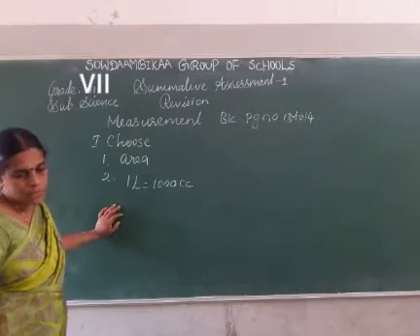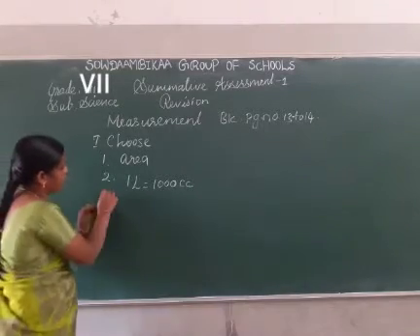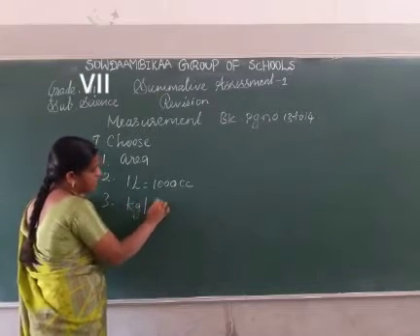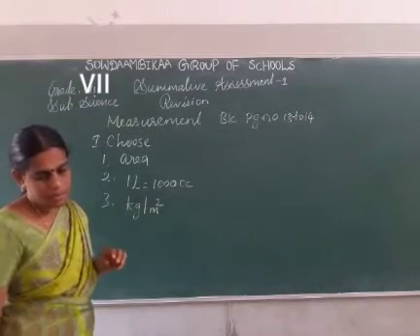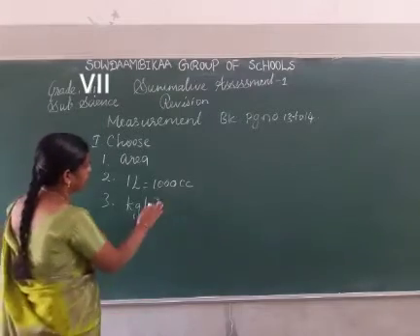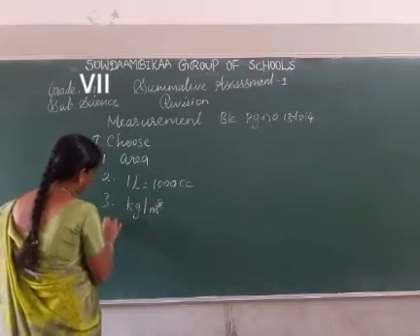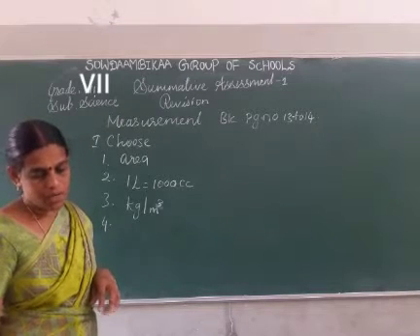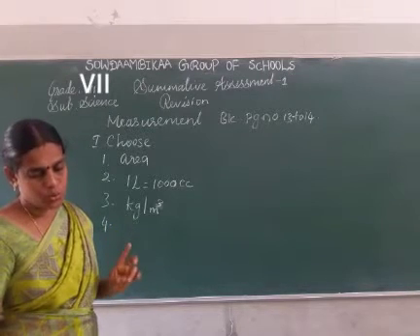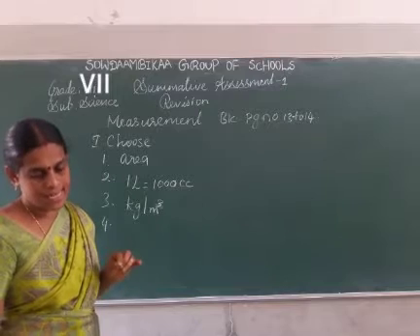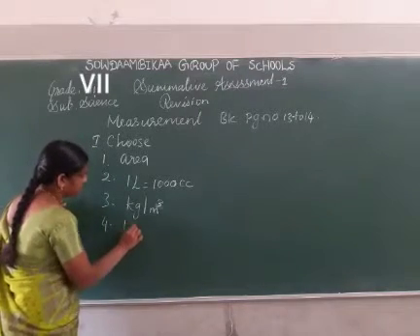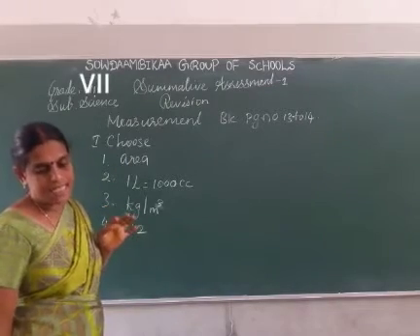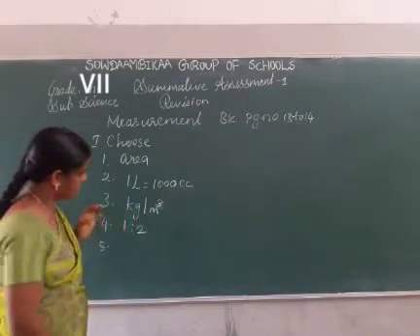Third one, what is the SI unit of density? Kilogram per meter cube. Fourth one, 2 spheres having an equal mass and volume in the ratio 2:1, the ratio of their density is 1:2. Next, fifth question, light year is the unit of distance.